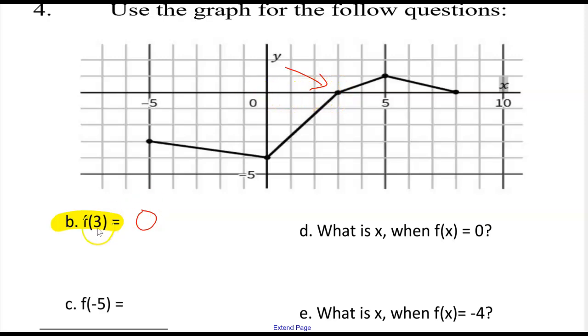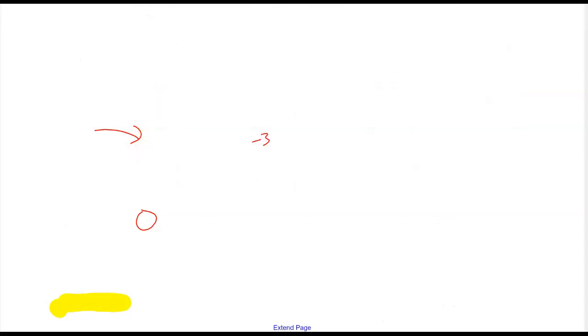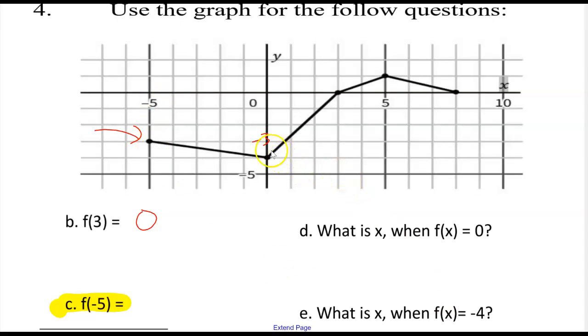So this is saying x is 3, what is y? Y is 0. On C here, it's saying f of -5, which is here, right? X is -5, and what is y there? Y is -3. So we put -3.